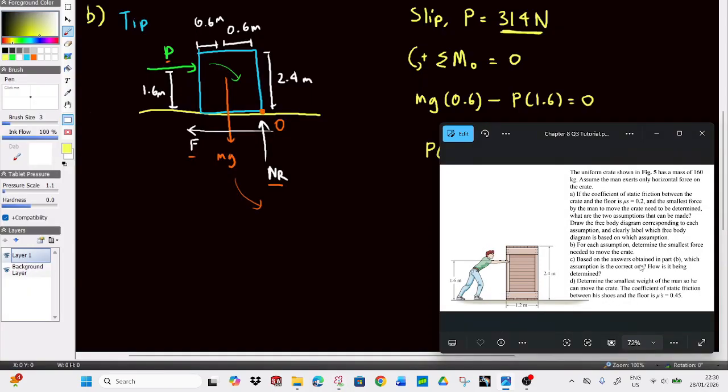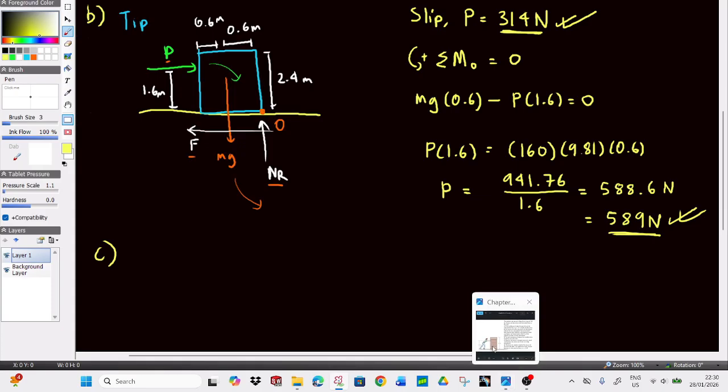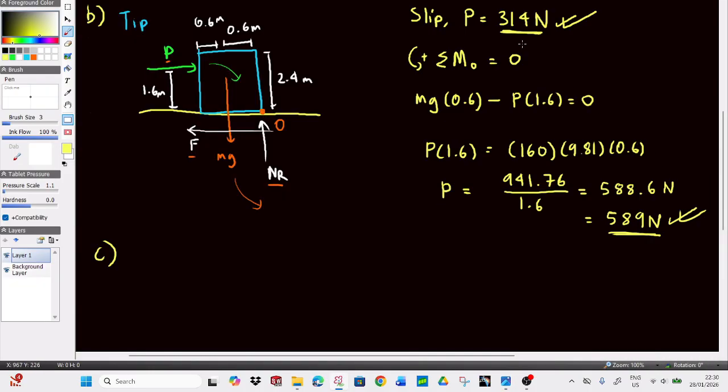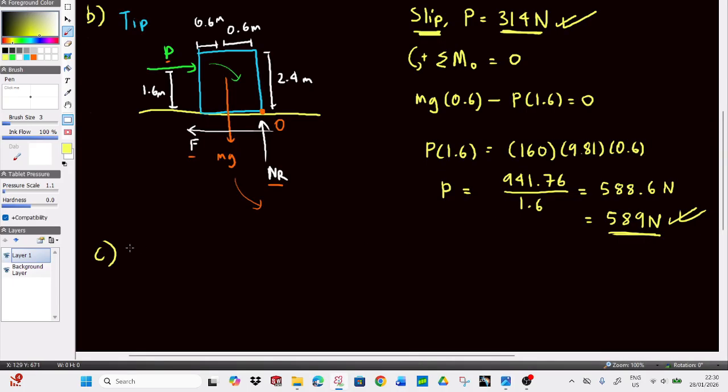Now the question asked us to determine the smallest force needed to move the crate. So for part B, slipping, you get 340 newtons; for tipping, you get 589 newtons. Now for part C, the question asks, based on the answers obtained in part B, which assumption is the correct one? So clearly, it will slip. The slipping assumption is the correct one because the question is asking us to find the smallest force needed to move the crate.